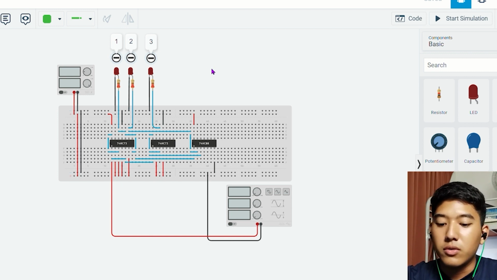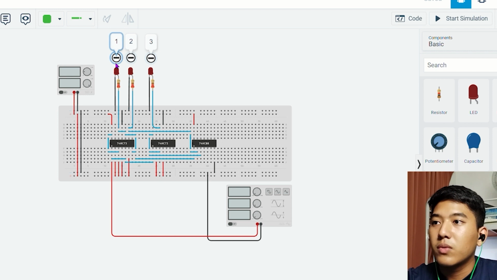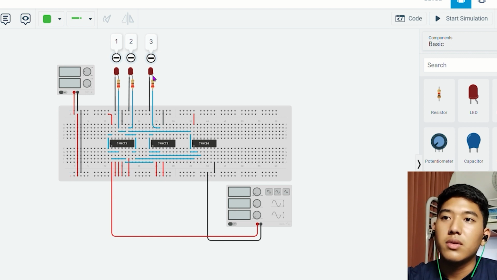Then we also use 3 LEDs: first LED, second LED, and third LED.